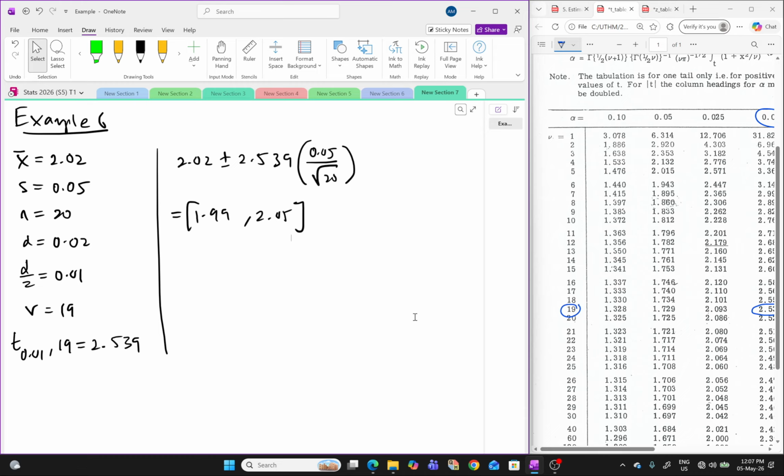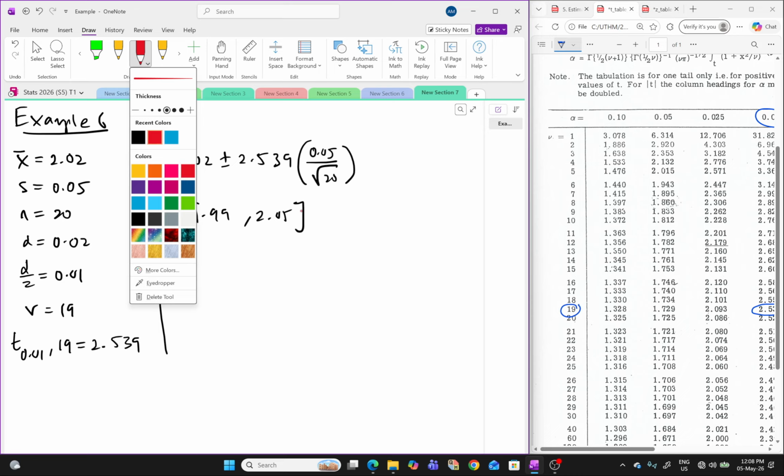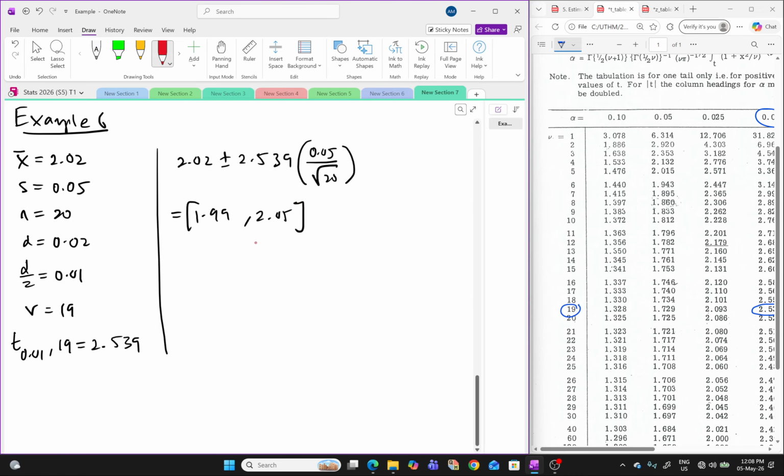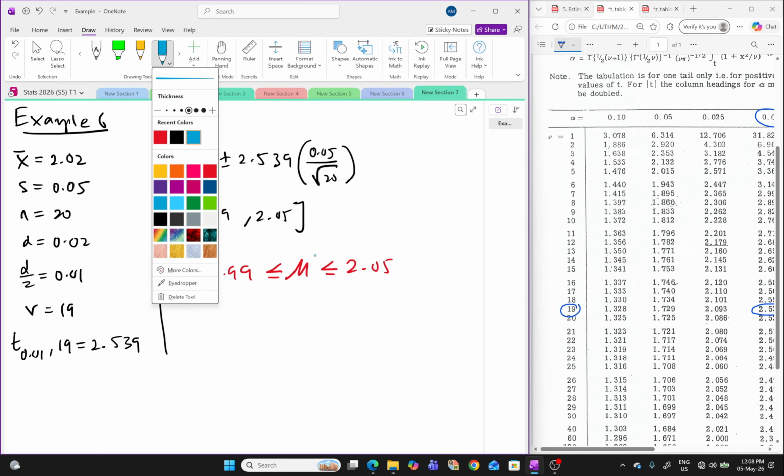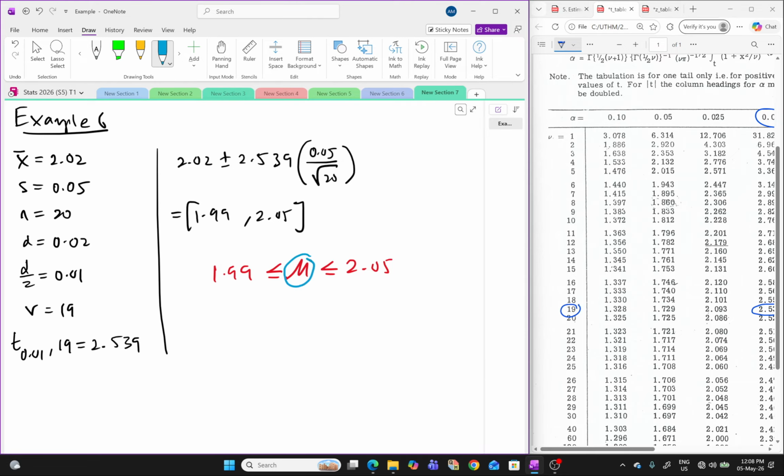Now, you guys, just want to remind you, what is this actually? What is this? This is whatever interval we are finding is basically what is this? This is an estimation for population mean.